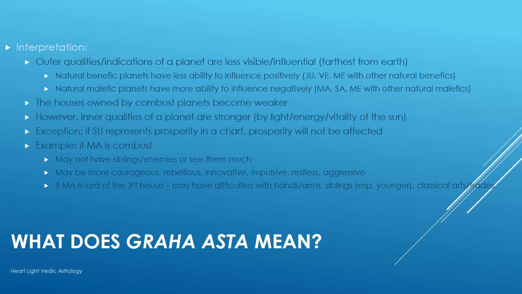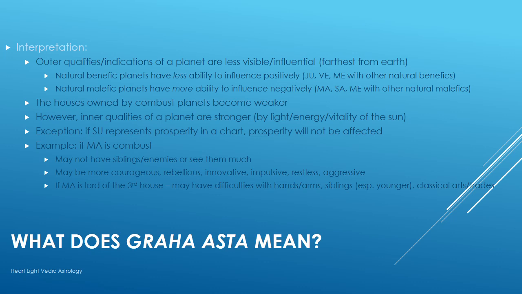So you can also bring in the medical indications of the planet. The third house represents siblings, especially younger siblings, so that would double up. You'd probably have even more issues with siblings, or not have siblings, or not see them. The other thing is the third house represents things like classical arts and the trades.